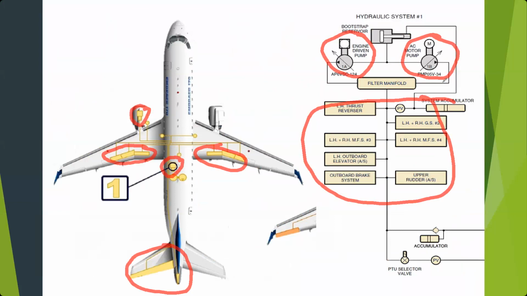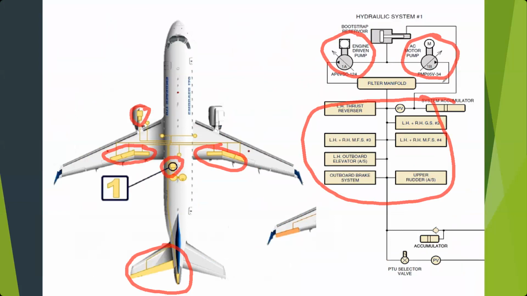And then the number 2 system would be the same thing. In this case, the number 2 mechanically driven pump is driven off the right engine, and the number 2 electric pump would get its electricity from the left engine generator. So you have a way for both engines to run the number 2.